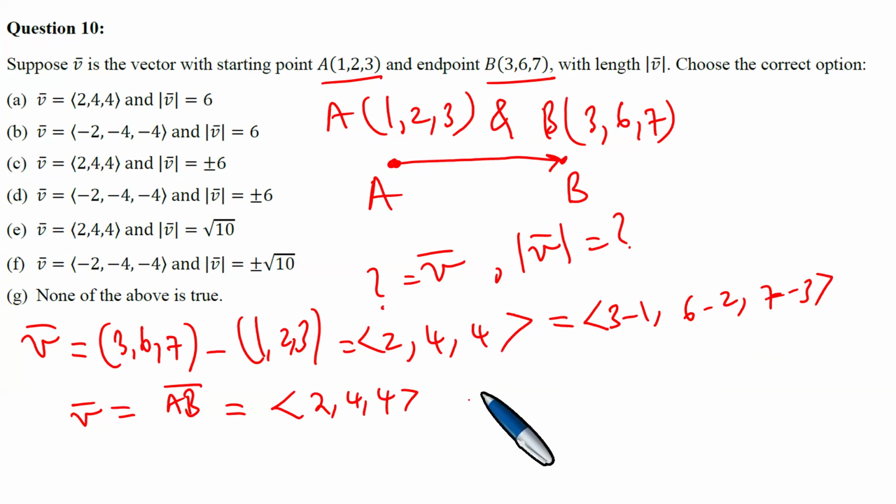Then we ask the next question, what is the length of this vector?